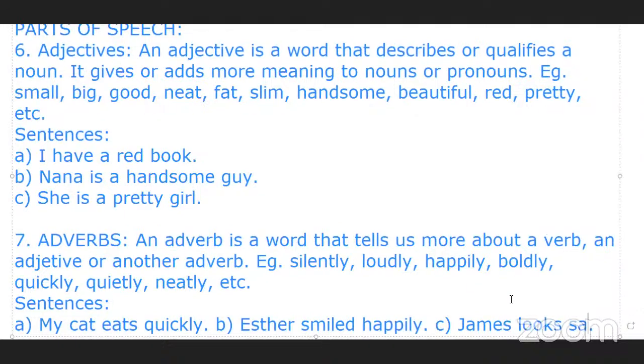So James, let's modify this one. I want to modify the sentence. James wept sadly. Okay. So can you see the examples or do they still look small?